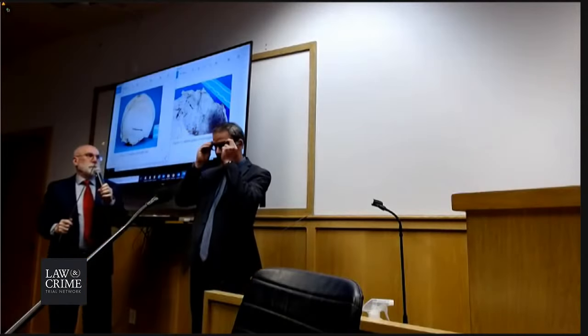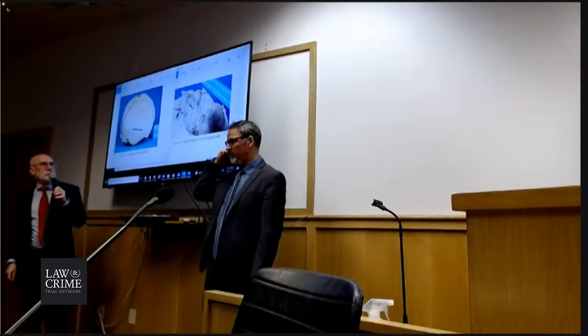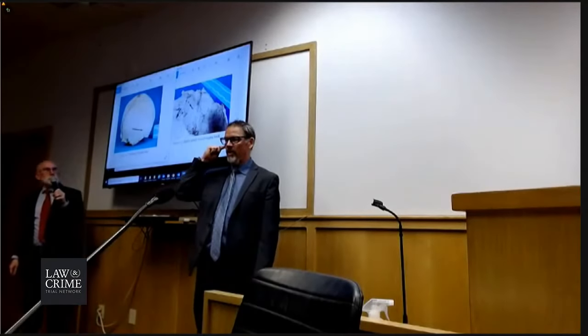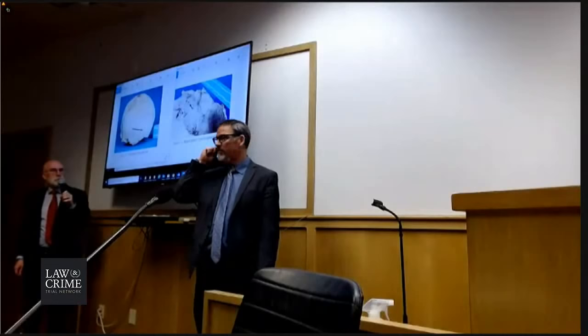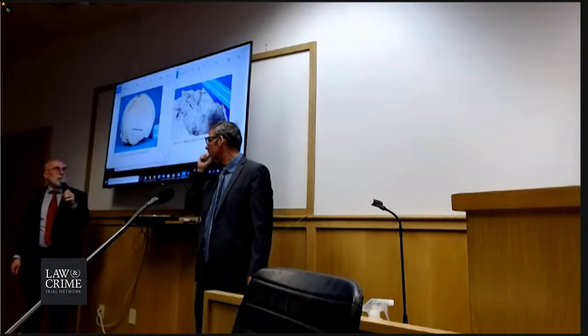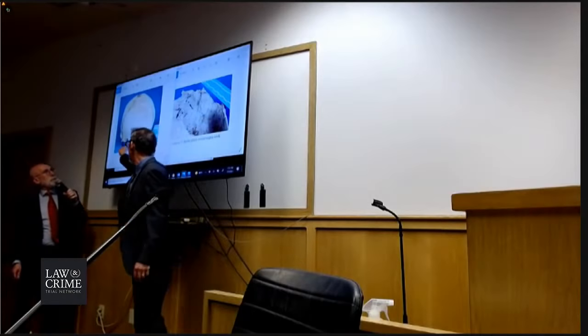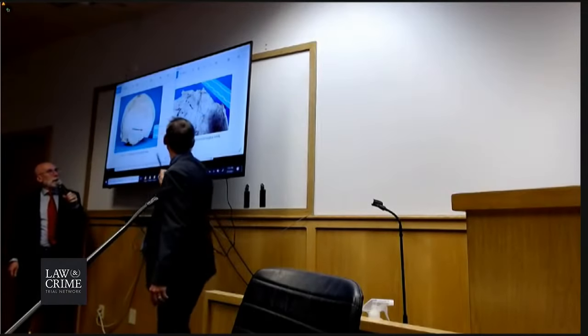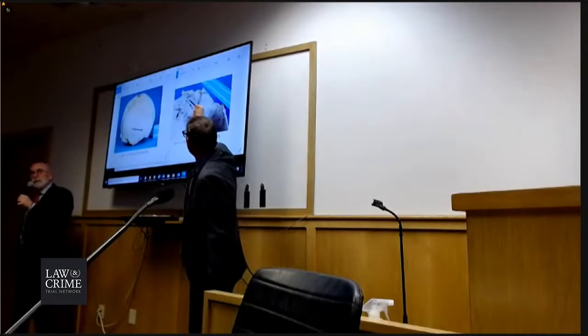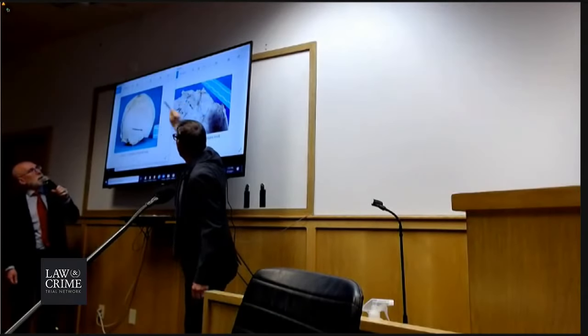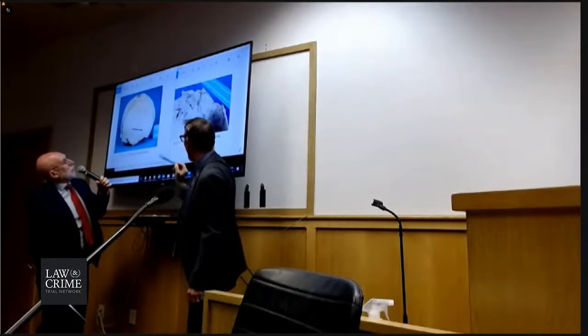And if I ask the record to reflect that you were basically running your finger along the area between kind of my right eye and my right ear, that's generally where that arch is. That's correct. And we see the inferior portion of that arch right there, right, on the left side of the figure 1 on the left. That is correct. And we can also see it right here as well, right? Correct.